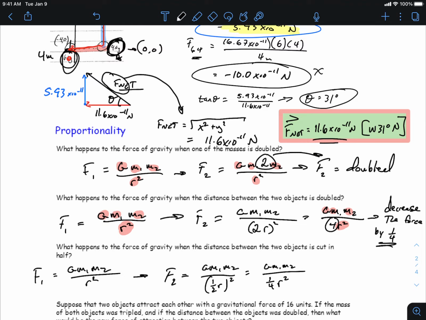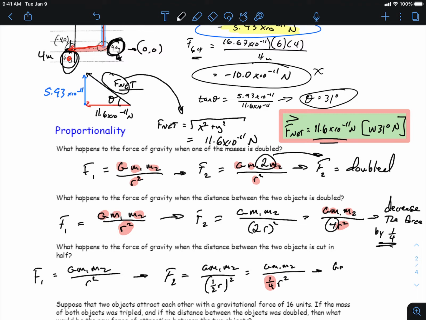Well, you guys know when we deal with fractions inside of fractions, right? You're going to bring this up. This is over 1, basically. So to deal with this 1/4, well, when you have fractions inside of fractions, you can bring it up and multiply by the reciprocal, right?